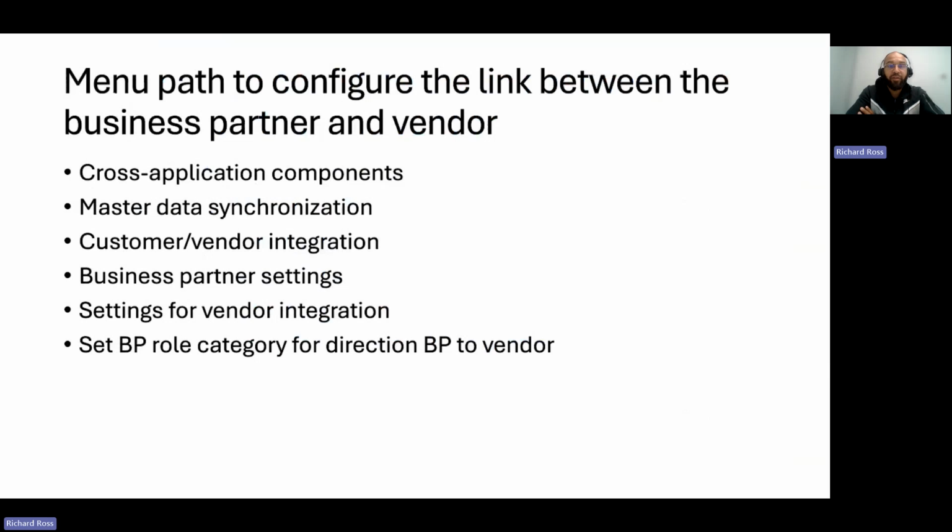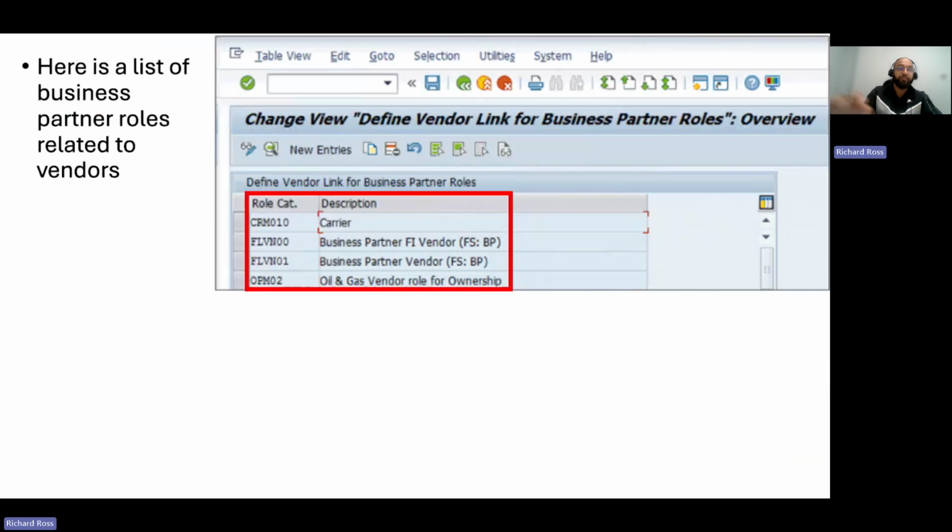Here's the menu path to configure the link between the business partner and vendor. Cross application components, master data synchronization, customer vendor integration, business partner settings, settings for vendor integration, set BP role category for direction BP to vendor.